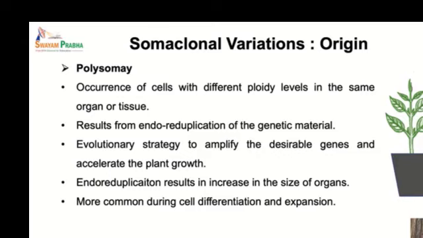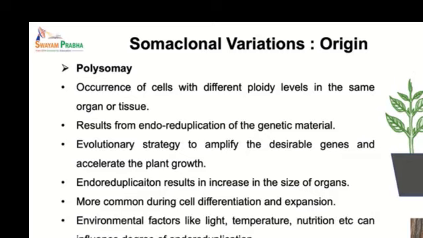Endoreduplication events are more common during the cell differentiation process or cell expansion, and specifically its occurrence is higher in highly specialized cells. Though it is still not clear whether endoreduplication is genetically programmed or just the consequence of differentiation and environmental stimulation.